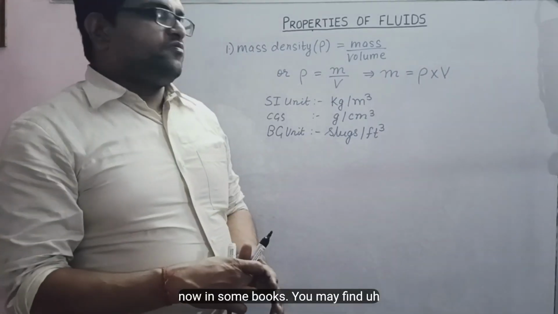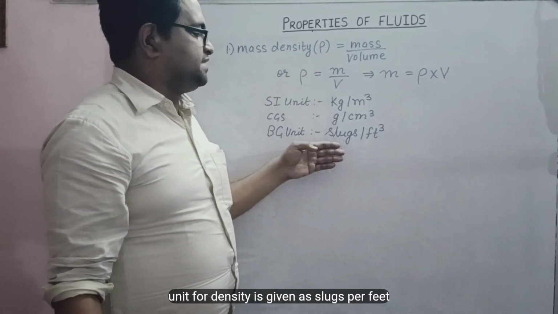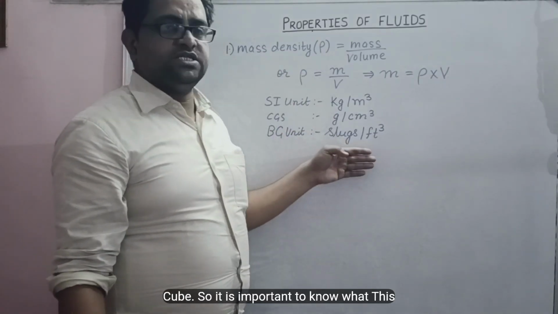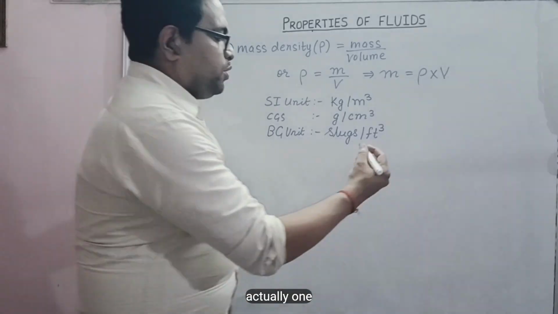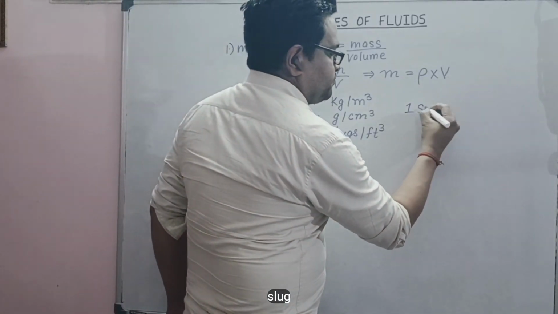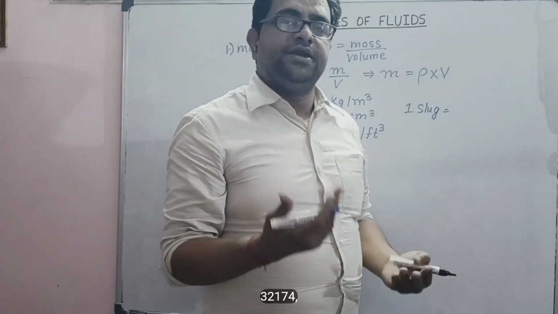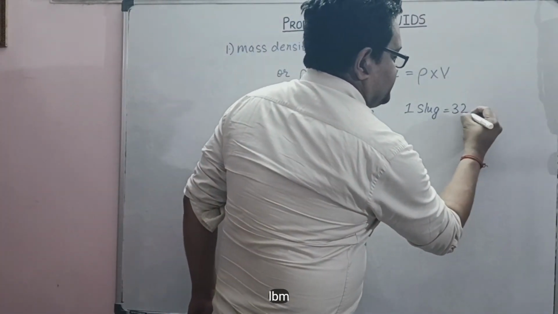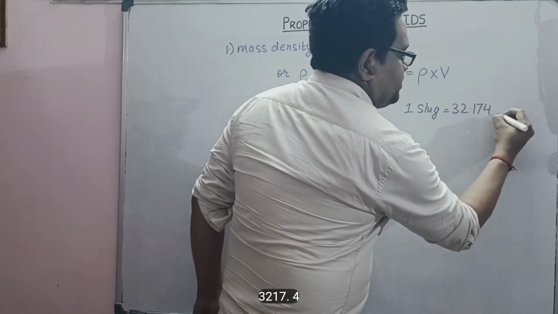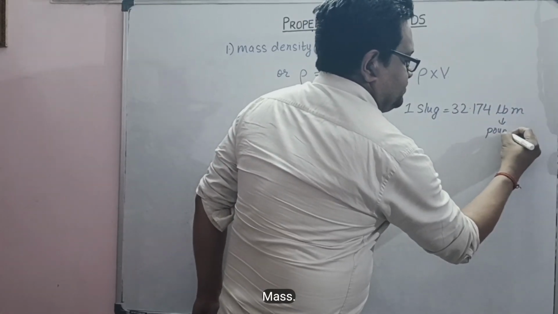Now in some books you may find various numericals where the unit for density is given as slugs per feet cube. So it is important to know what this slugs per feet cube means. Actually, the mass of one slug is equal to 32.174 lbm, which is pound mass.